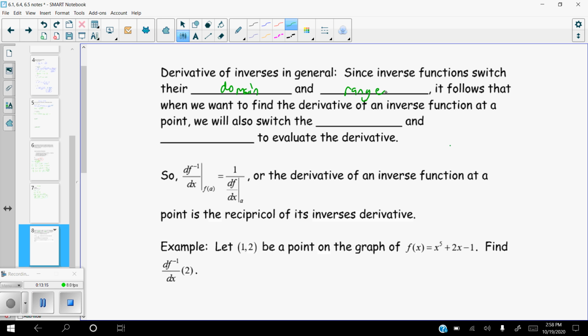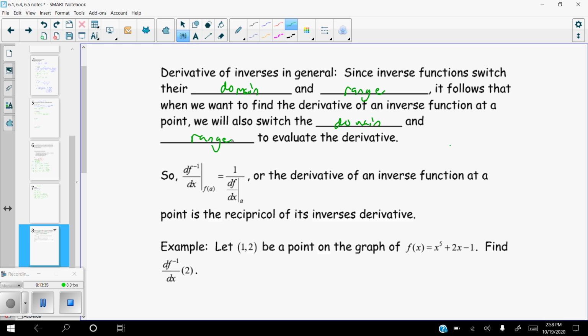It follows that when we want to find the derivative of an inverse function at a specific point, we will also switch the domain and range of that point to evaluate the derivative.